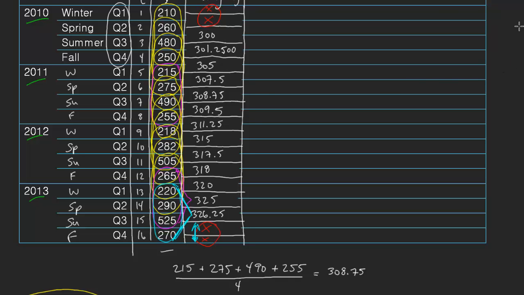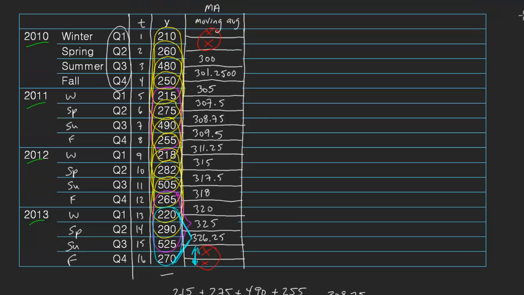Now, the next thing that I have to do is make a correction because we had an even number of seasons. For example, quarter 1, 2, 3, and 4, there's 4 seasons. That's an even number. When you have an even number, like 4, and you're taking averages which end up in the middle, like we've got here, that puts the 300 not really in line with quarter 2 or quarter 3.